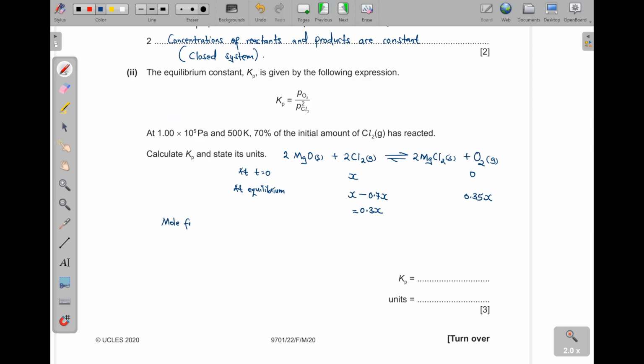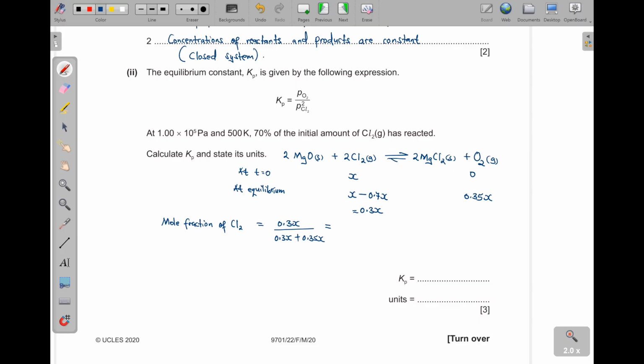Now we can look for the mole fractions. So the mole fraction of chlorine is going to be 0.3x divided by the total, 0.3x plus 0.35x, the total that we have at equilibrium. And of course, x is common, so it will disappear.